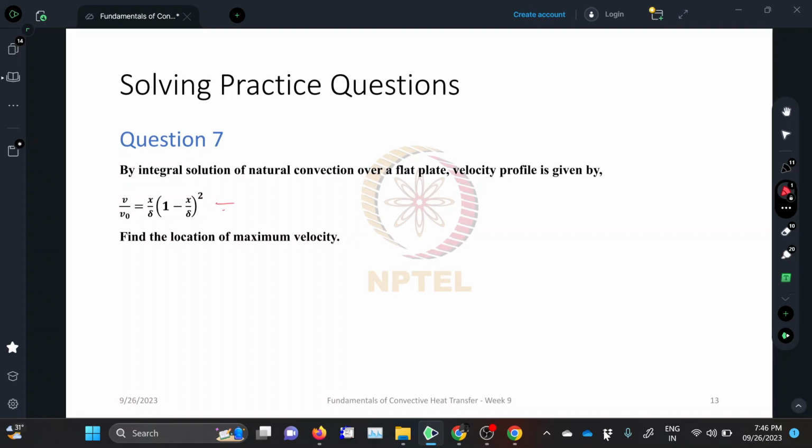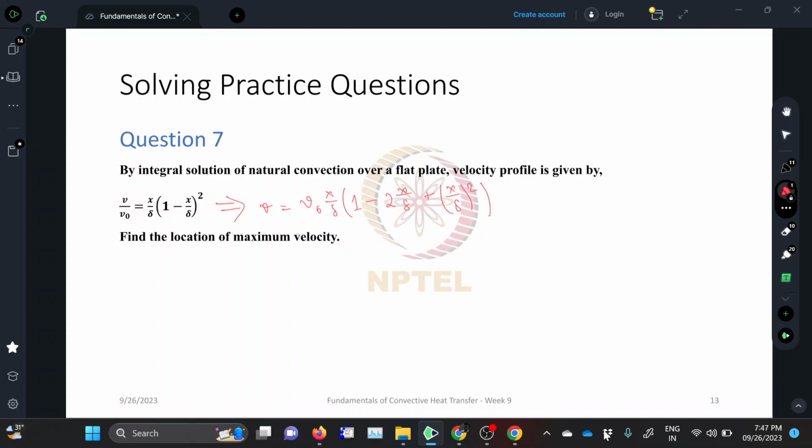So the velocity profile is given. So V I can write as V naught into x by delta into 1 minus x by delta squared. So I'll expand this by performing the squaring: 1 minus 2 into x by delta plus x by delta whole squared.